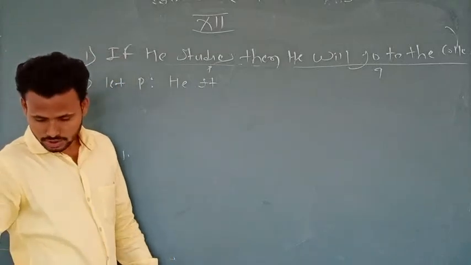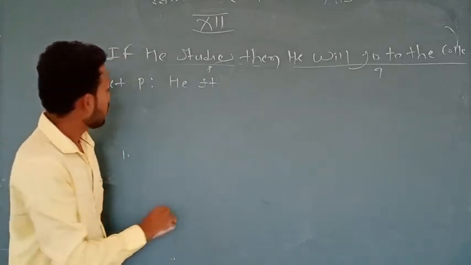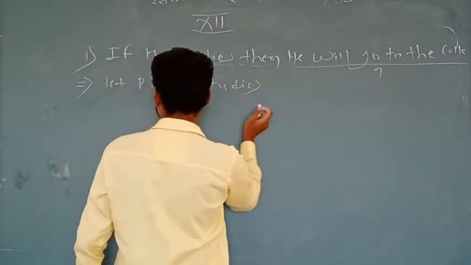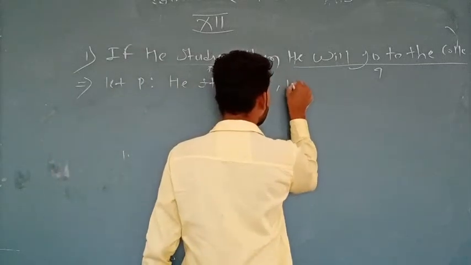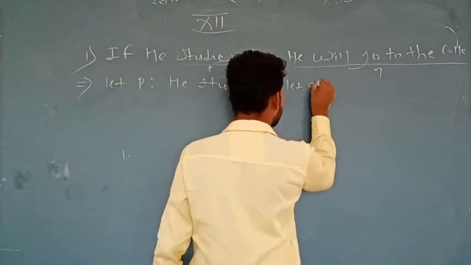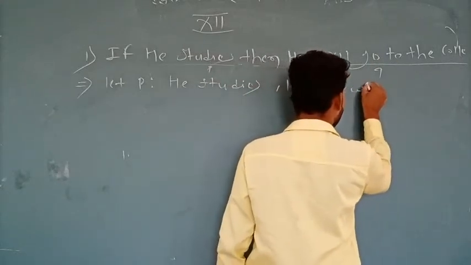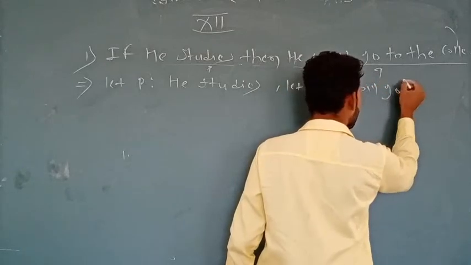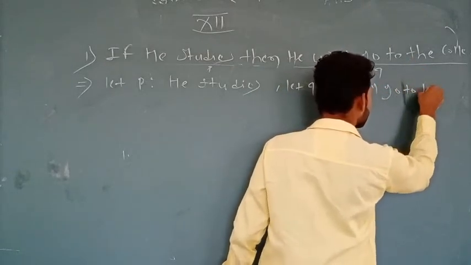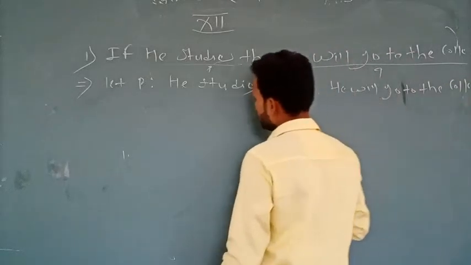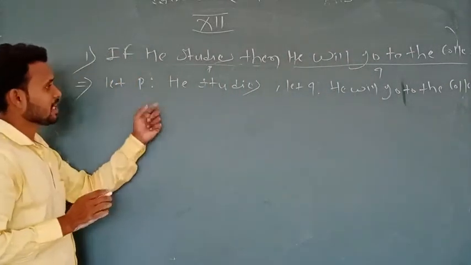Let P denote he studies, and let Q denote he will go to the college. Means we get two simple statements, P and Q.